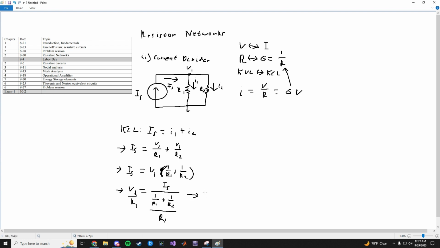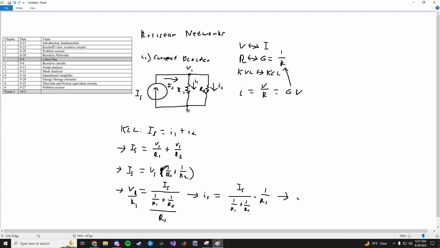So that's simply I1, what we wanted to solve for, equals, well, dividing by something is just multiplying by 1 over. So we end up getting IS divided by 1 over R1 plus 1 over R2, multiplied by the reciprocal, which is 1 over R1. So you notice it's the same structure as a voltage divider.